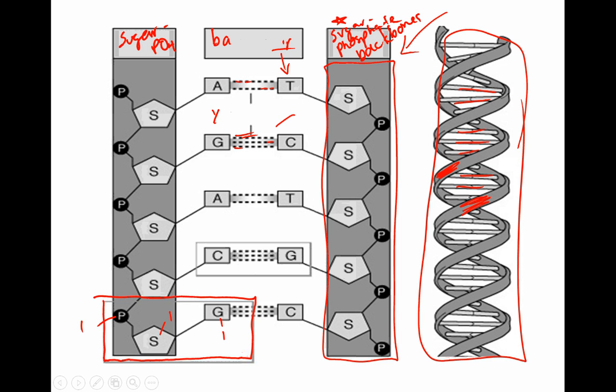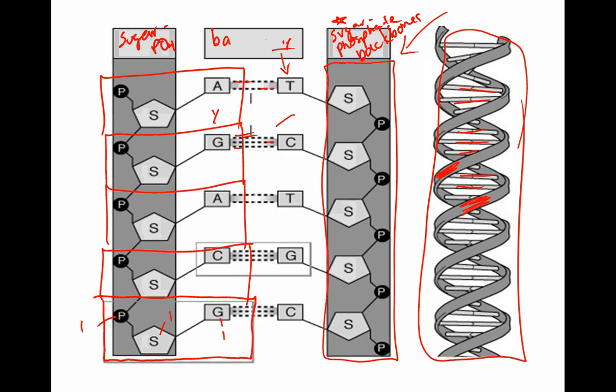This one happens to be a guanine base. What I want you to see is that DNA is nothing more than a stack of these building blocks, some with A's, some with T's, some with G's, and some with C's, connected on the other side to a stack of building blocks made out of the same stuff, right? One phosphate, one sugar, deoxyribose, and one base.